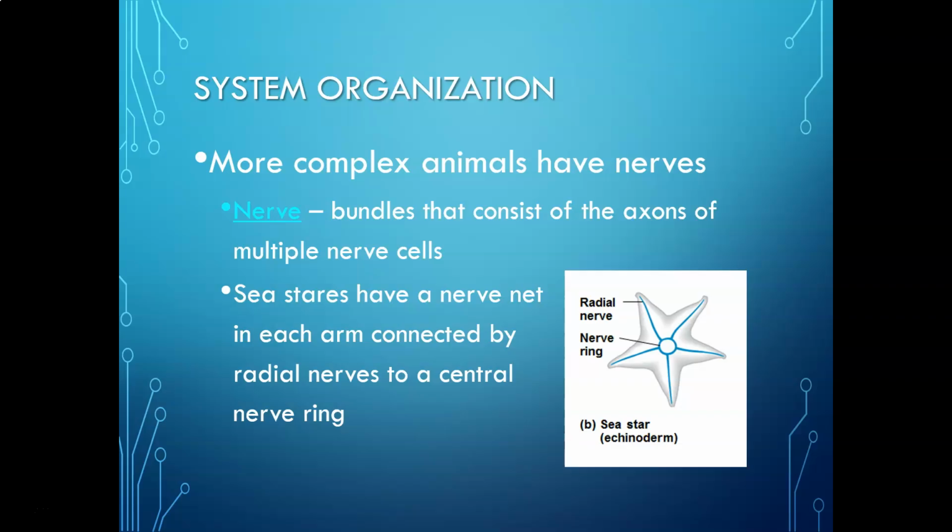And what we see in these sea stars is, although they don't have a brain, they do have a sort of nerve ring there in the center, and then they've got radial nerves that spread out into each of their arms from there. So we're getting a little bit more complex as this neural system starts evolving.